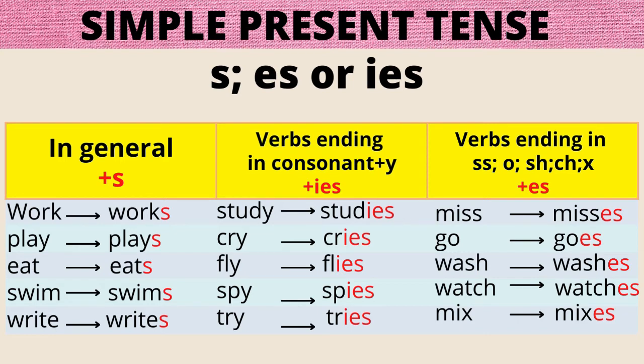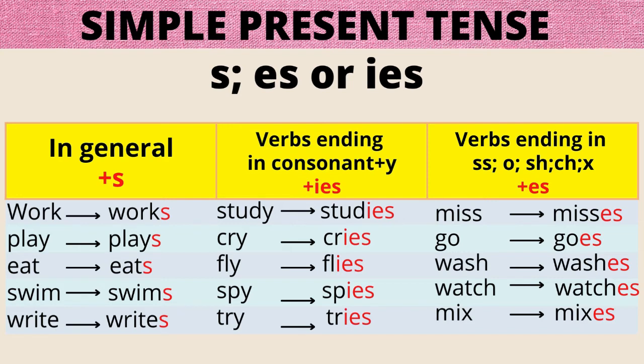Another change is verbs ending in a consonant and Y. What do I mean by that? If we look at this verb study, it ends with a Y, right? And just before the Y, we have a consonant. What's a consonant? Anything that's not a vowel is a consonant.